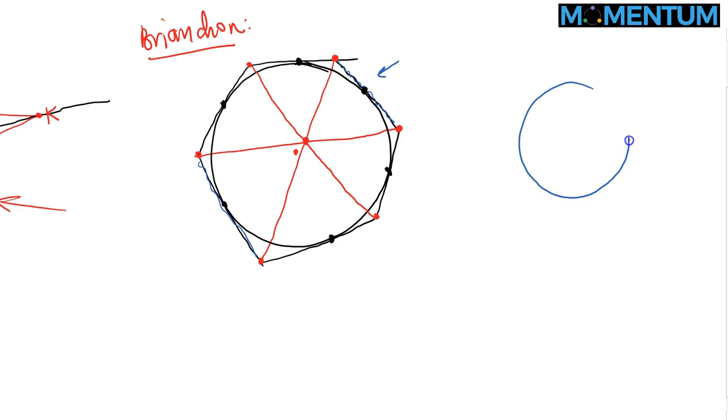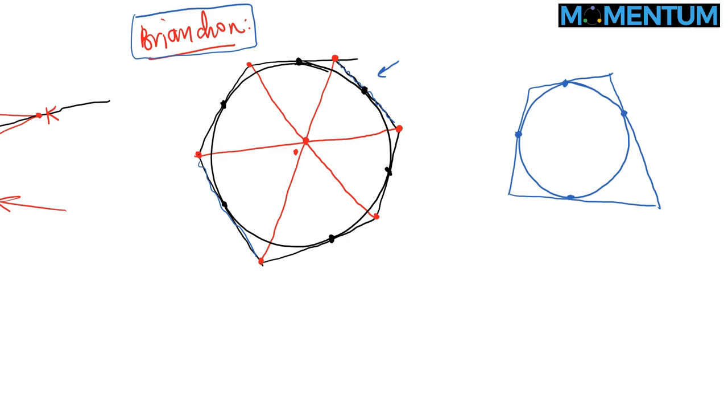If you have a circle and you draw instead 4 tangents, so 1, 2, maybe 3, and 4. There you go, 4. Now I will apply Briançon theorem twice.